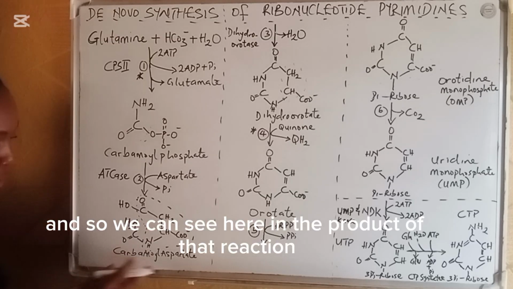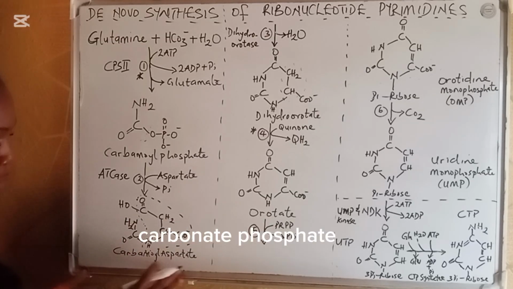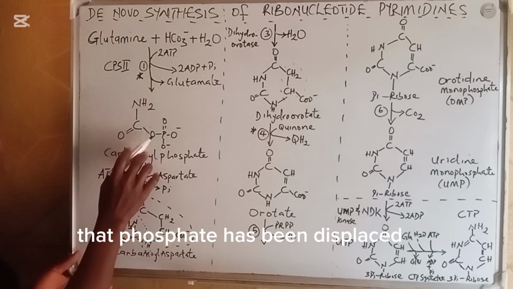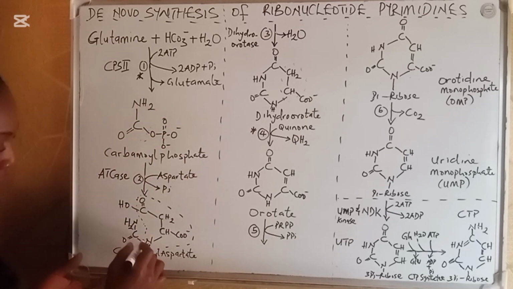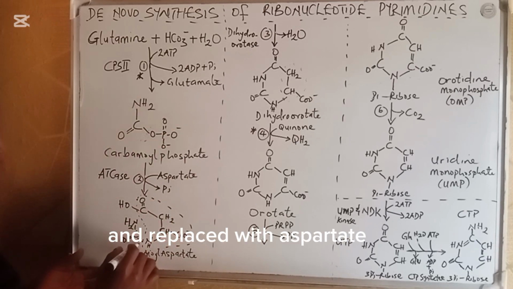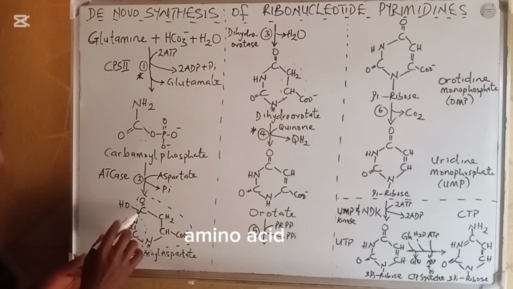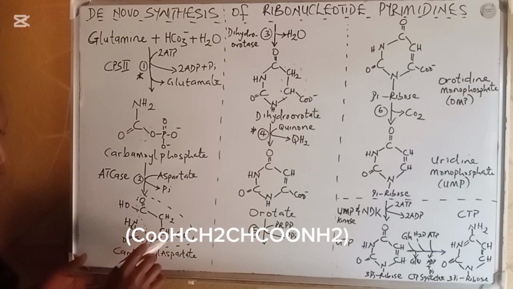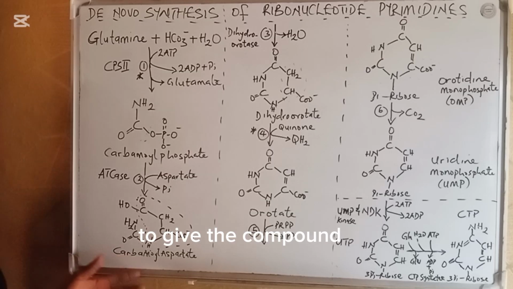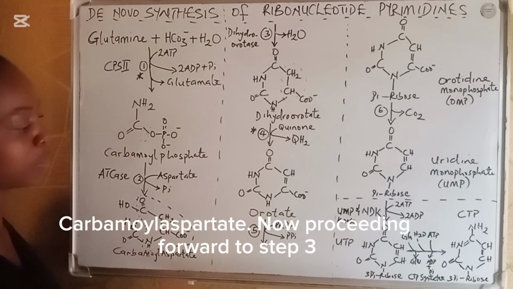And so we can see in the product of that reaction that phosphate has been displaced and replaced with the aspartate amino acid. So COOH, CH2CH, COO, and H is the aspartate amino acid, to give the compound carbamoyl aspartate.